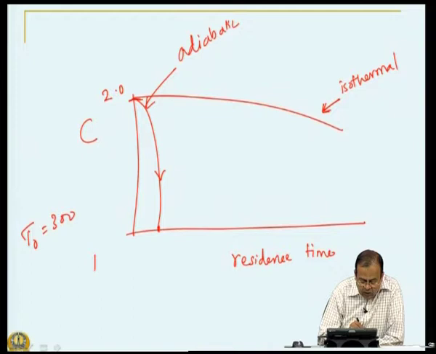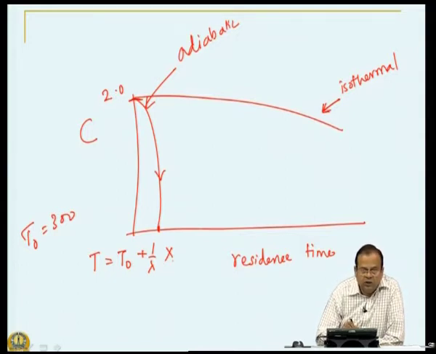But what happens in an adiabatic process? In an adiabatic process, as our conversion increases or concentration decreases, in an exothermic reaction temperature increases. Now, what happens as temperature increases? Remember, this is our rate.